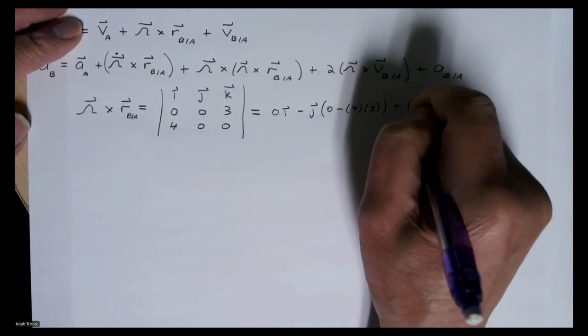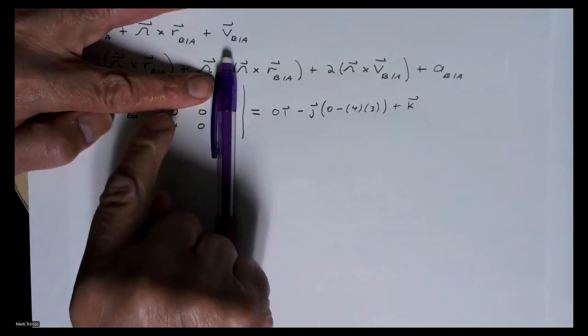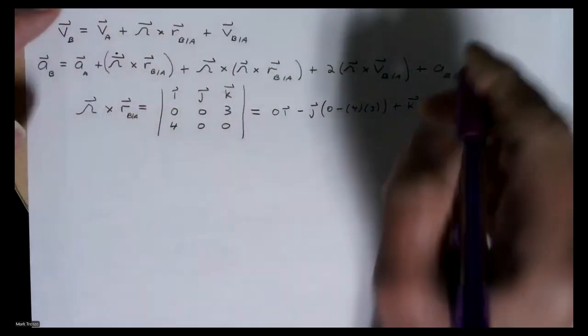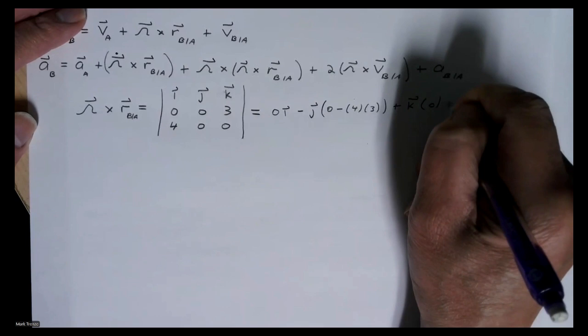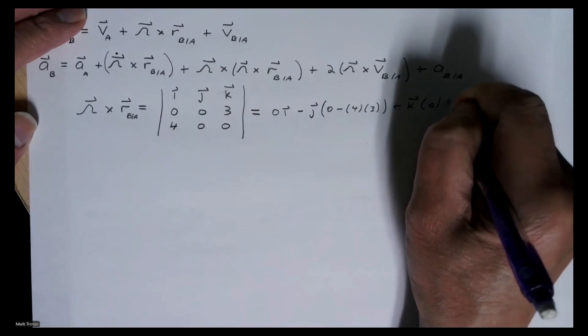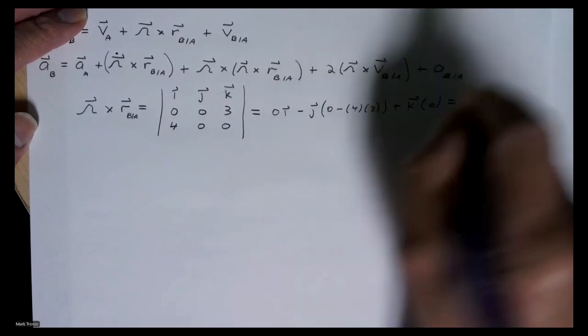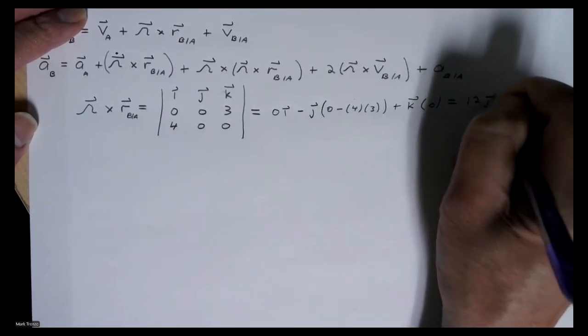plus K. Again, for K, that's 0 times 0 minus 0 times 4. That's also 0. So we're just going to end up with negative, negative 12, that looks like that's going to be 12J like this.